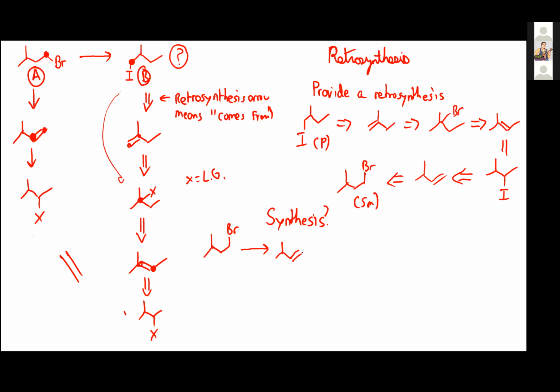So, what do we want to do here? Well, we clearly want to do an E2. We could do an E1. That would be fine, but it's a primary carbocation, so an E1 isn't very likely. So we want to do an E2. We don't want to do an SN2. So what's a good way to make sure we do the E2? Well, let's make absolutely sure there is no SN2.